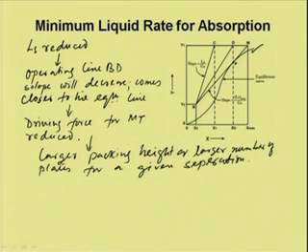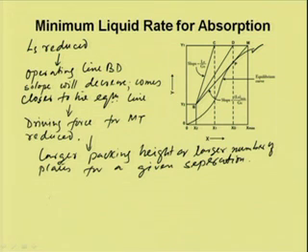But how far can we reduce the liquid flow rate? We cannot reduce the liquid flow rate indefinitely. On further reductions, as we can see at the fixed y2 and x2 locations, the slope of the operating line is further reduced until it touches the equilibrium line.